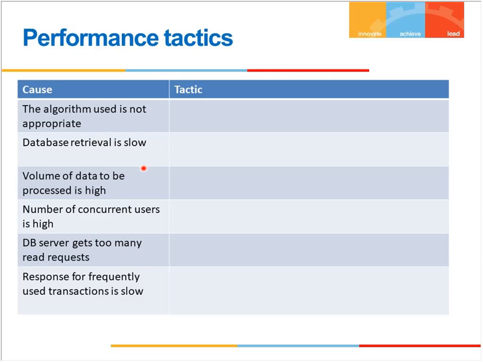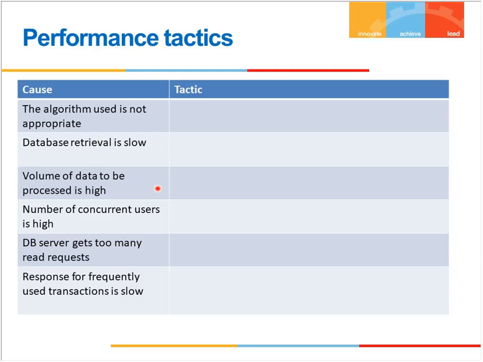Excellent. The volume of data to be processed is very high. What techniques can we use? Parallel processing, very good. Distribute the data on multiple servers and do the processing in a parallel manner. Chunk the data, load balancing.